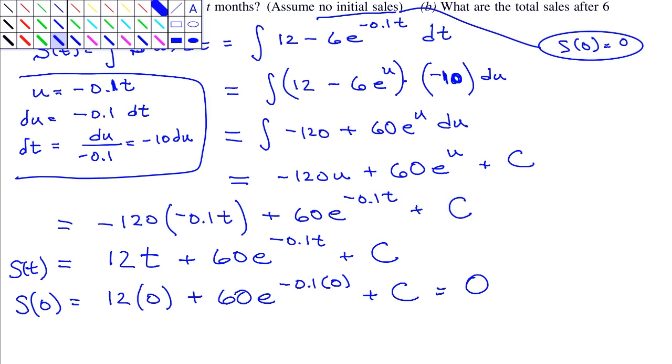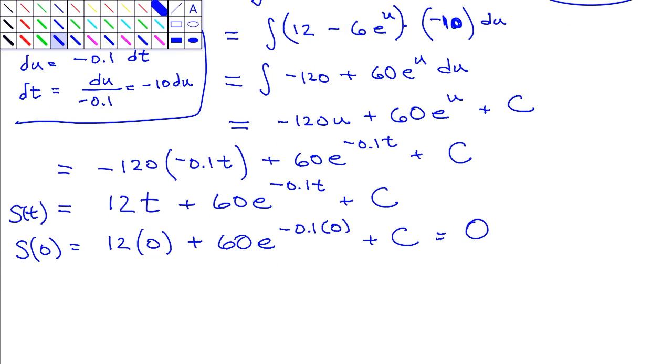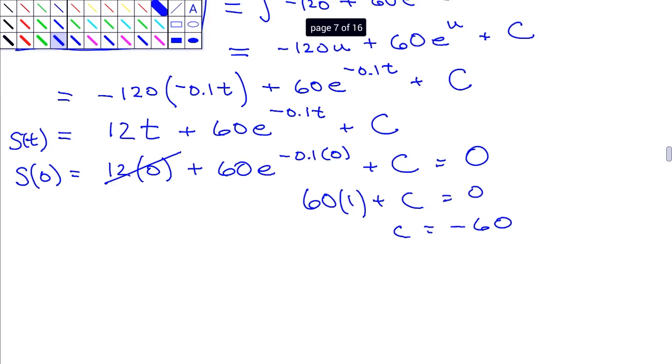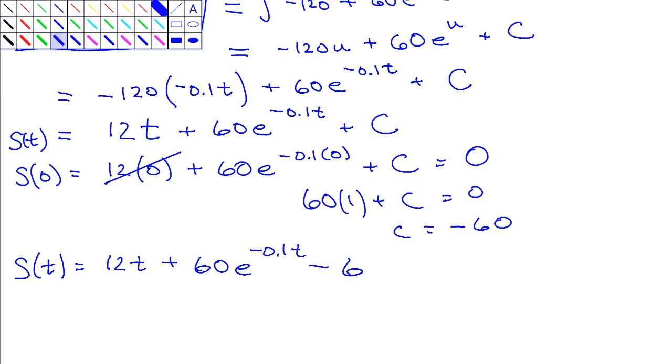That's equal to 0. So 0 times negative 0.1 is 0. E to the 0 is 1, so that's 60 times 1 plus c equals 0. So c is equal to negative 60. So S of t is 12t plus 60 e to the negative 0.1 t minus 60.